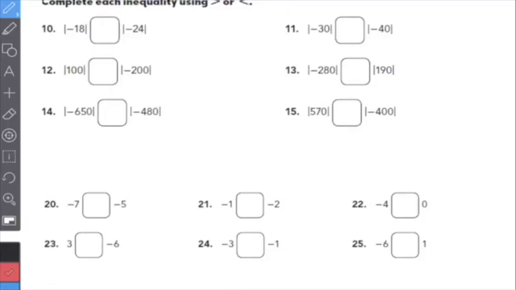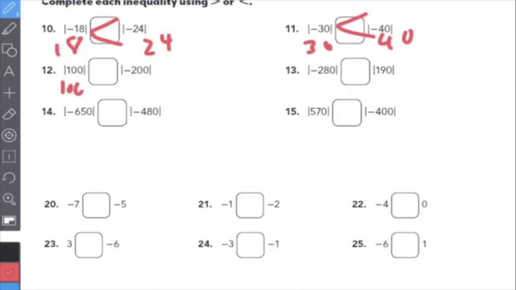For -18, we're 18 away. For -24, we're 24 away, so 24 is going to be bigger. Number 11, it's 30 away and 40 away, so 40 is bigger. 12, it's 100 away and 200 away, so 200 is going to be greater.